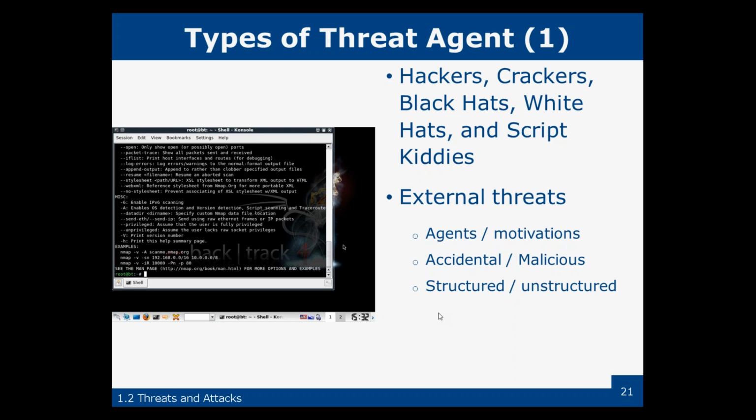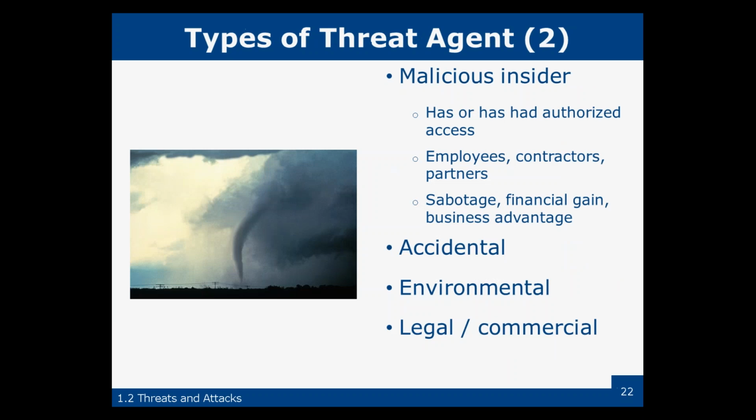A structured attack is where somebody sits down and maps out a way to get into your system. An unstructured attack is an attack of opportunity; they just stumbled over it. So we have all sorts of threats that we need to protect from.